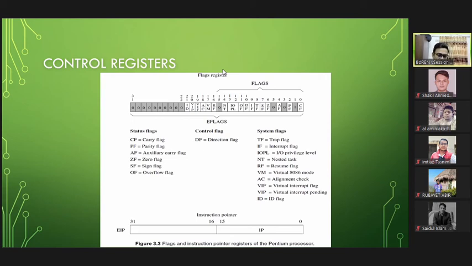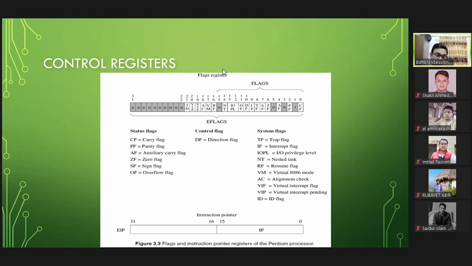I think you know that after executing one instruction, the processor needs to know which one is the next instruction to be executed. So the processor also needs to know in which memory location it is stored. So the instruction pointer register, IP, actually stores the memory address of the next instruction.